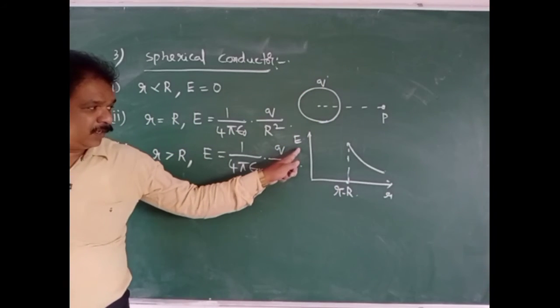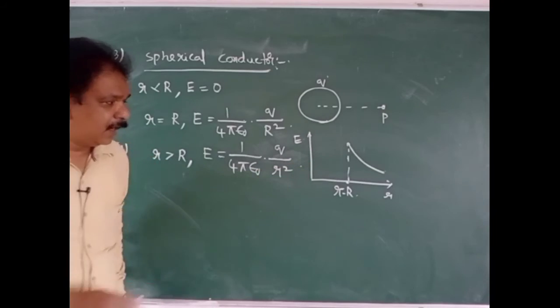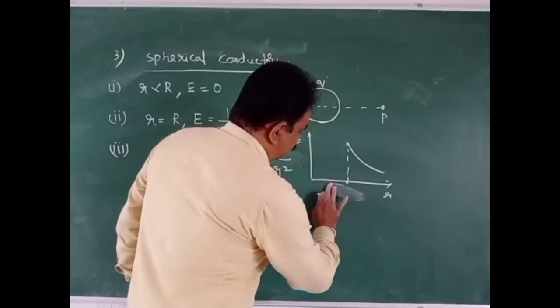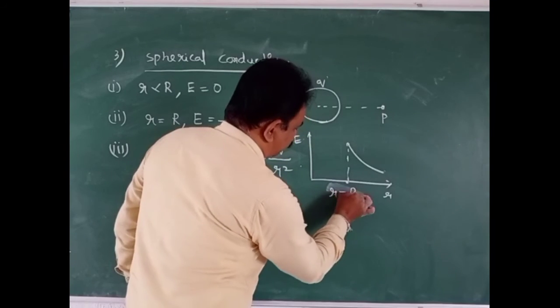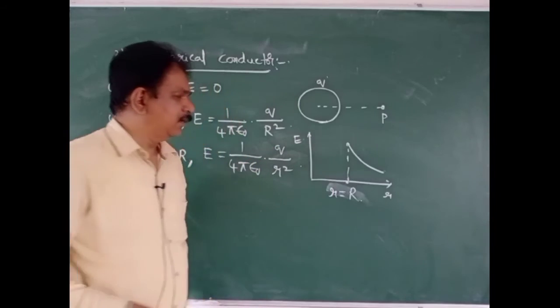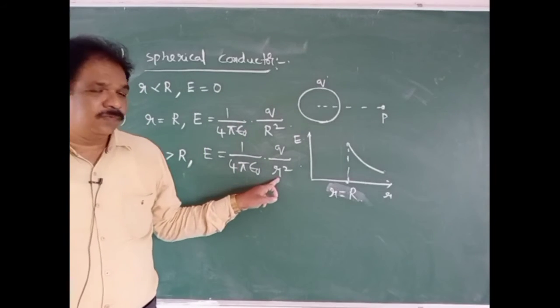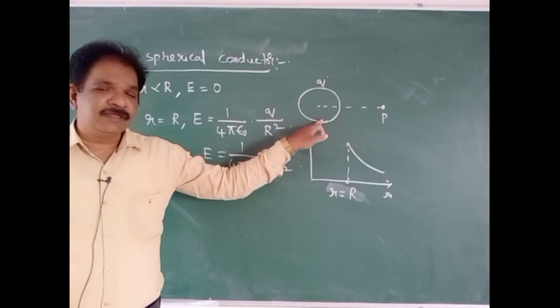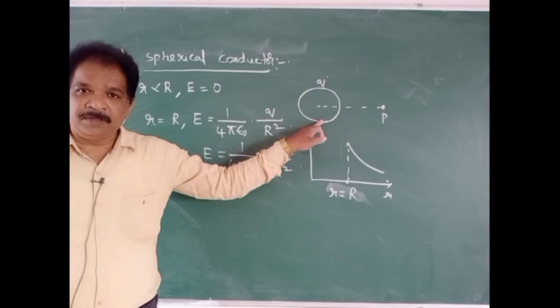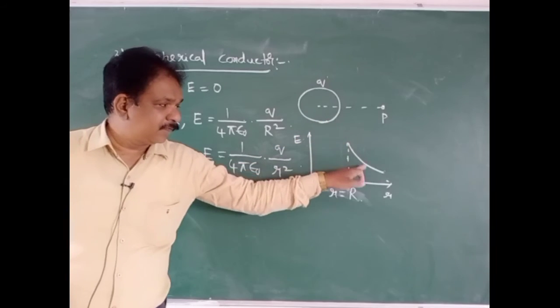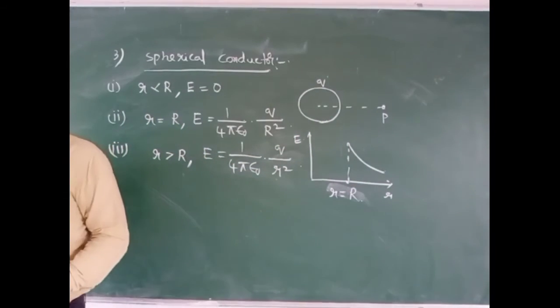So the variation of E and R: when R is equal to capital R, up to that there will be no field. From there, E is proportional to 1 by R square. On the surface, field intensity will be maximum. From there, that value is gradually decreasing.